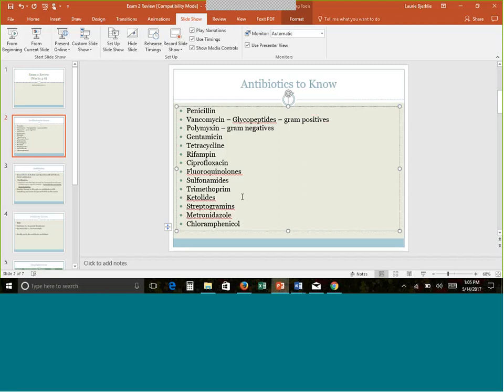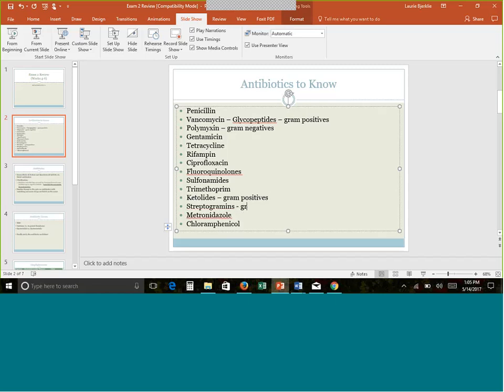Ketolides. I know that this one is a little confusing, because I think sometimes it's written that it can cover both, but it doesn't cover all of it together all the time. It covers mostly gram-positives. It covers some gram-negatives, but again, it's mainly targeting gram-positives, so I want you to take that away.